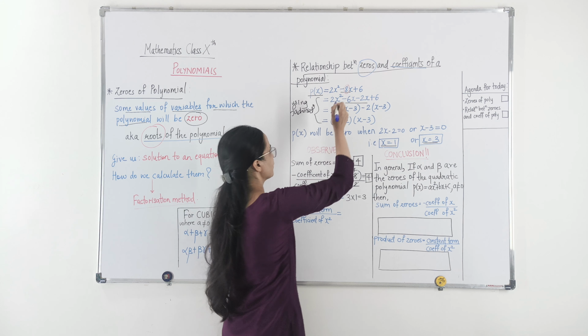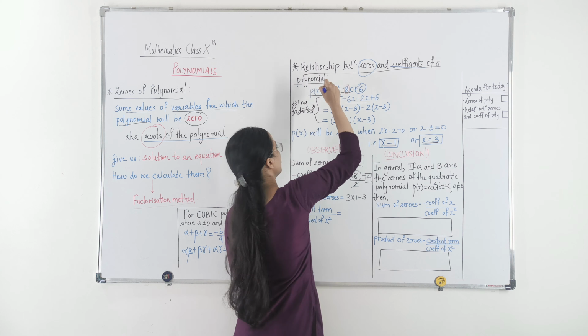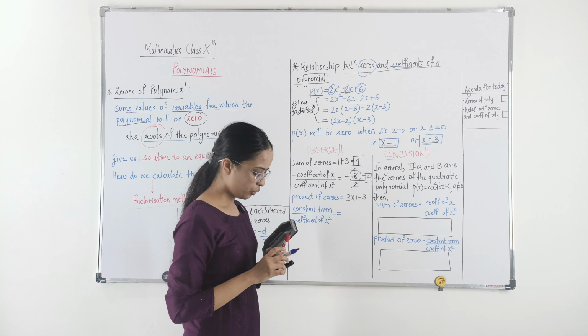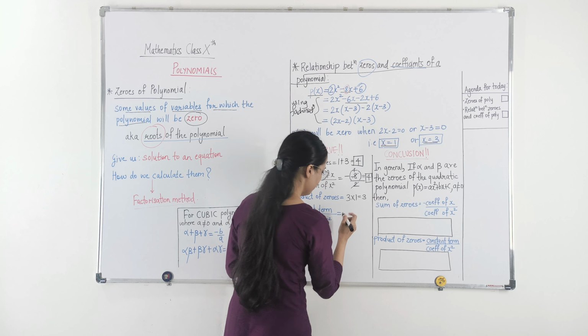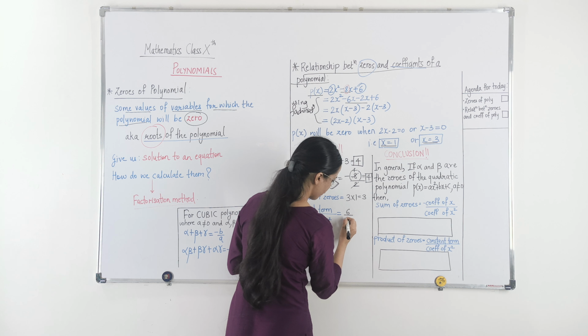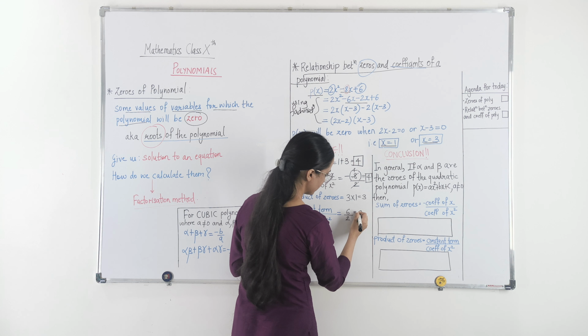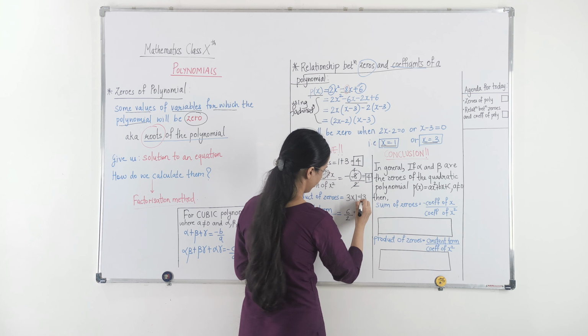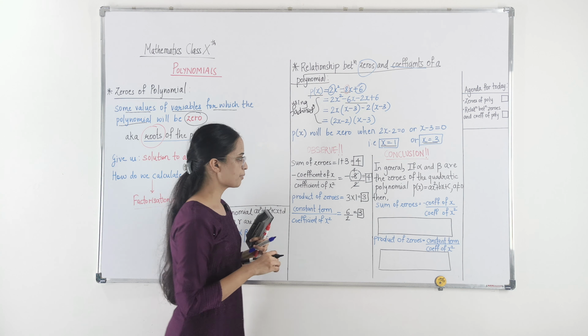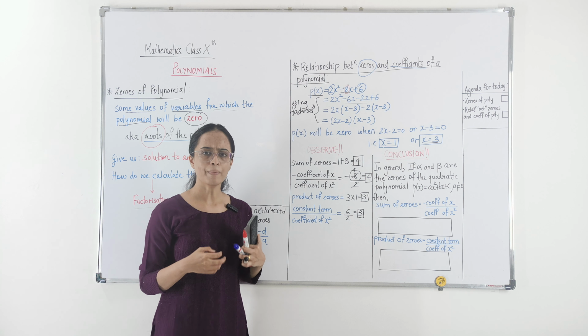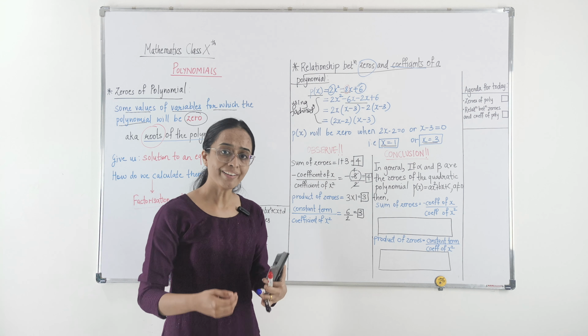The constant term in this case is 6 and the coefficient of x square is 2. So constant term 6 upon coefficient of x square 2, and when you reduce this, you get it equal to 3. Now I want you all to observe and conclude by yourself what you are understanding.